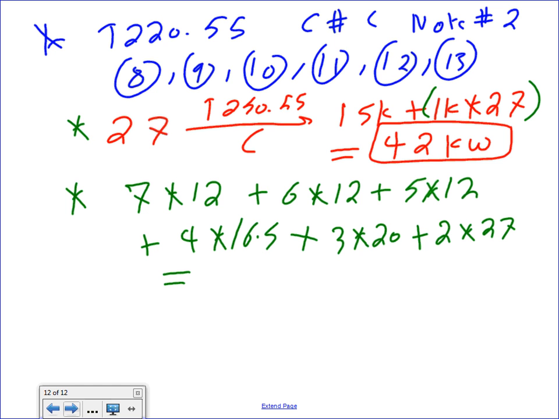I need two people to agree on that. I want to highlight these in red because, based on the note, they have to go to 12. The 9 and the 10 have to be 12 because they're less than 12. You have to up them to 12. So 7 times 12, 6 times 12, 5 times 12, 4 times 16.5, 3 times 20, and 2 times 27. Add them up.